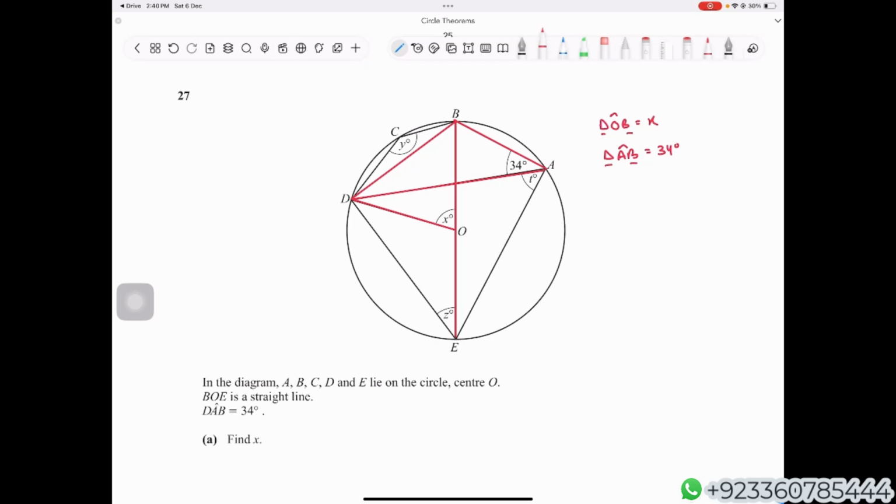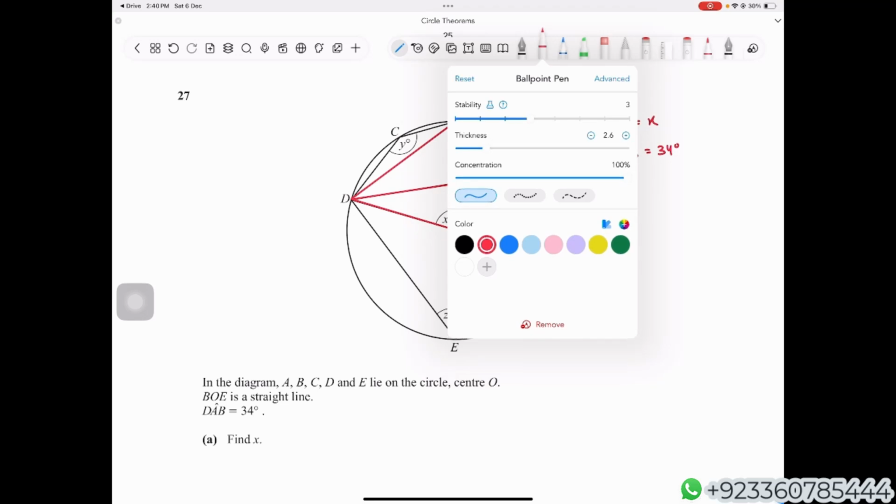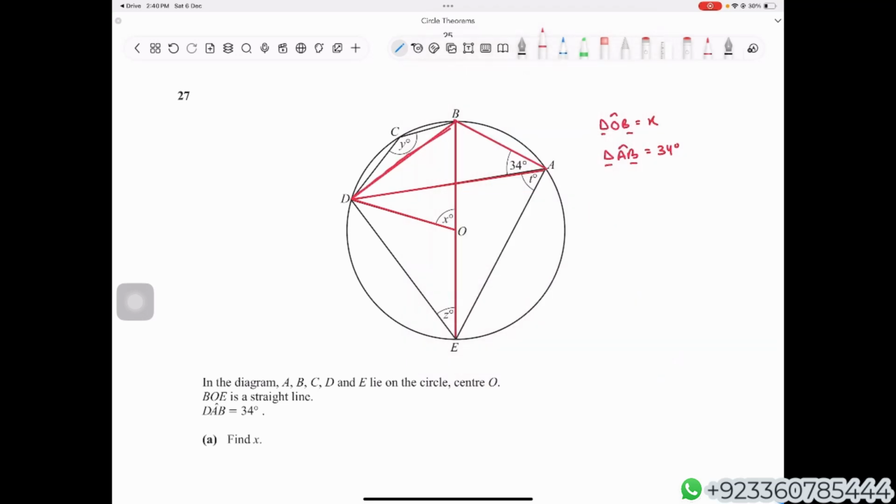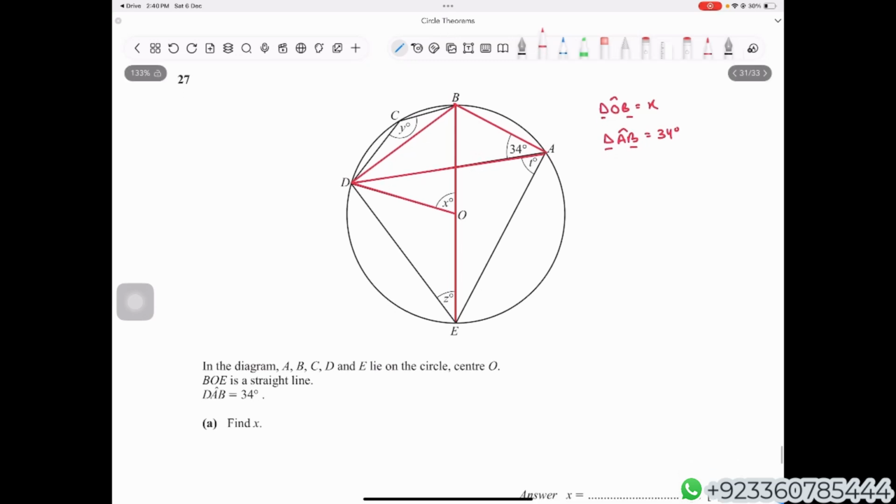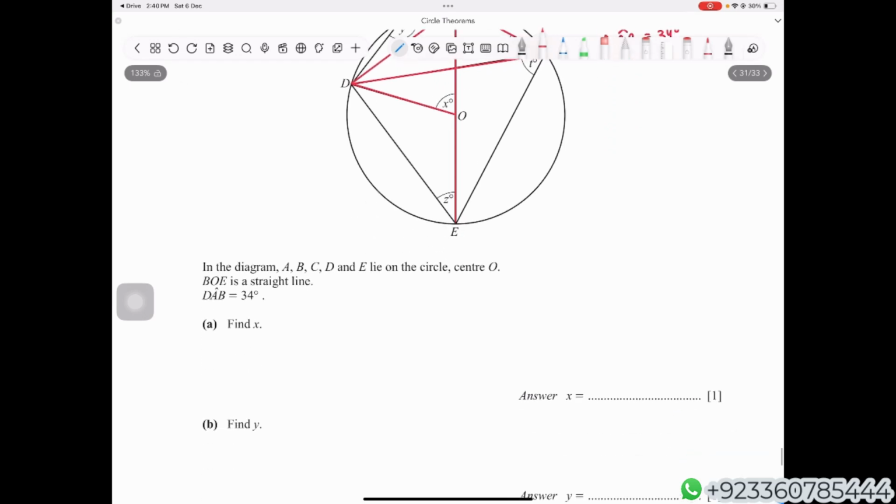Can you see both start and end with D and B? That means they are angles from the same chord DB. ये आपकी chord DB है और देखना आपने ये है कि सेम सेगमेंट में है या सेंटर या सर्कमफ्रेंस वाला रूल अप्लाई करता है. So can you see that angle X is forming at the center from the same chord and angle A is forming at the circumference of the same chord. So angle at the center is twice the angle at the circumference.